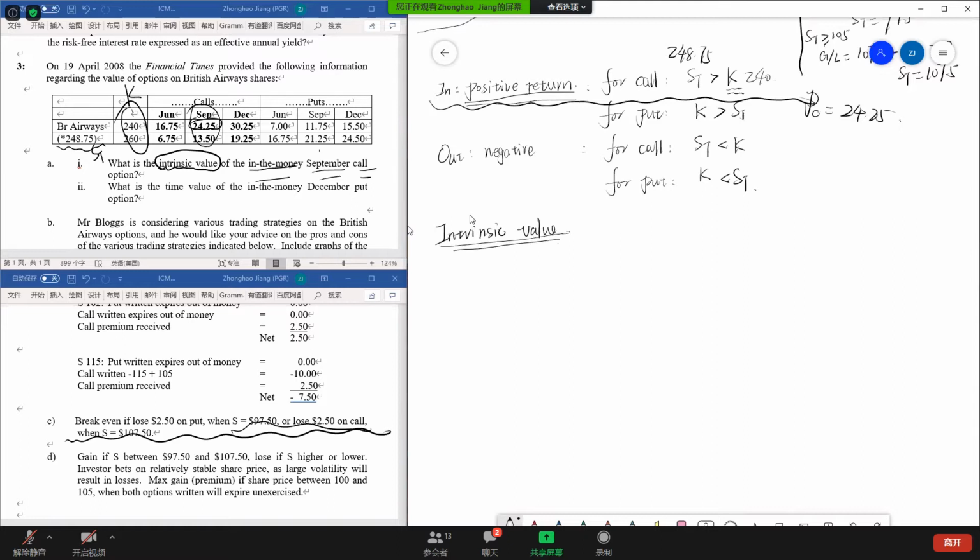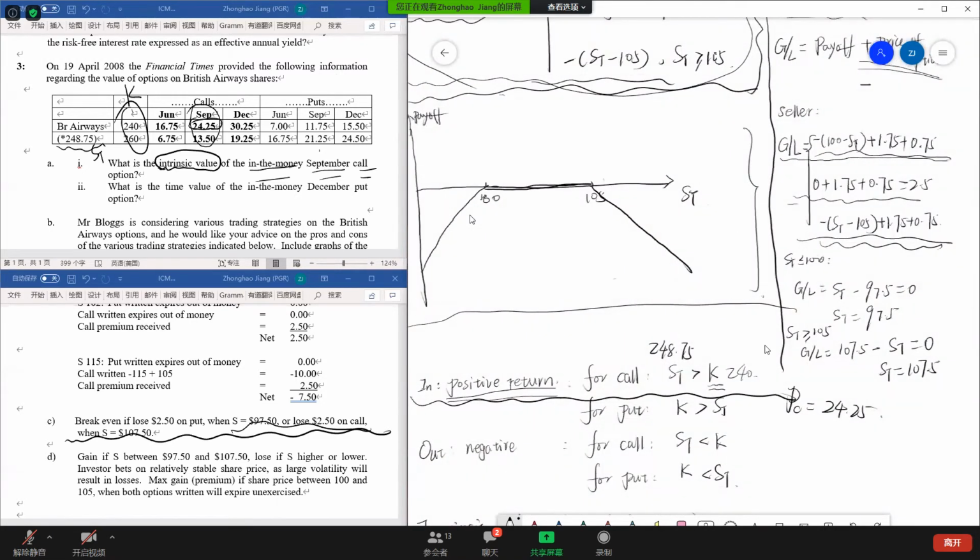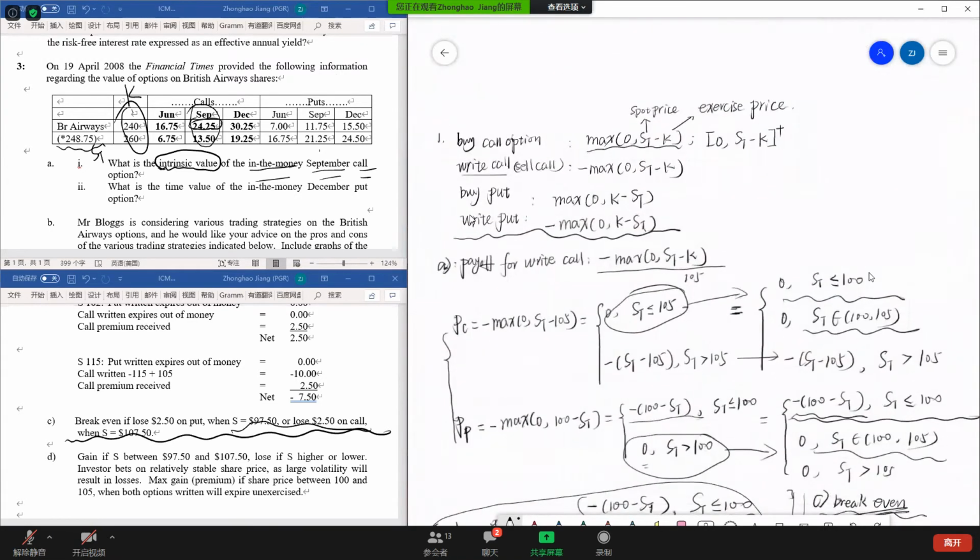Actually, the intrinsic value is the payoff. It's the payoff of the option. So we use the formula at the beginning. I write. We use these four formulas to calculate the intrinsic value of the option.